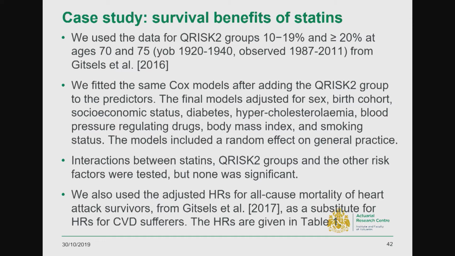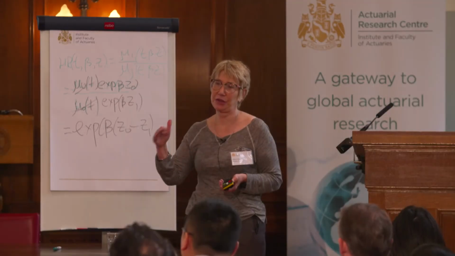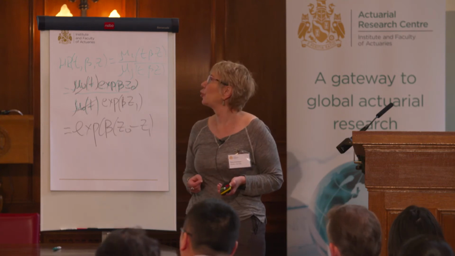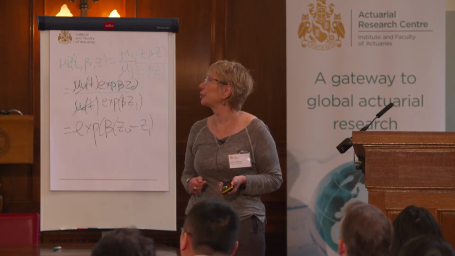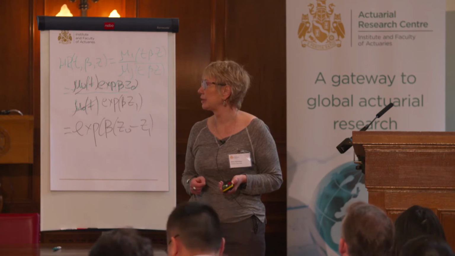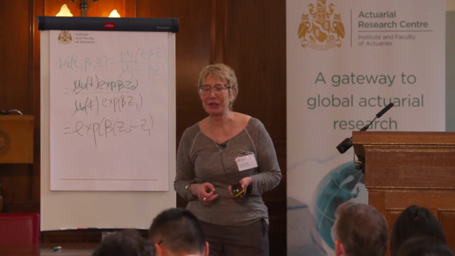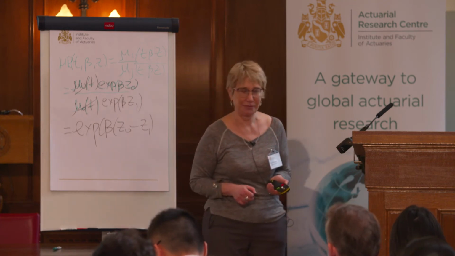So we are putting together those three different risk groups: low risk, below 20%, medium group, 20 to 40, and then high risk group, which will carry hazard ratios from MI.